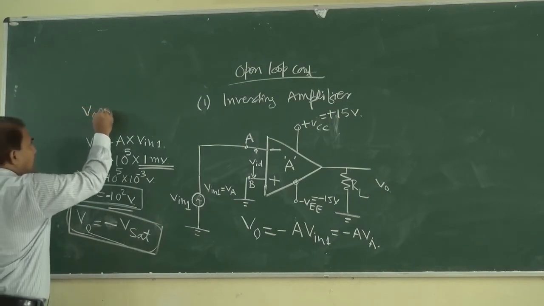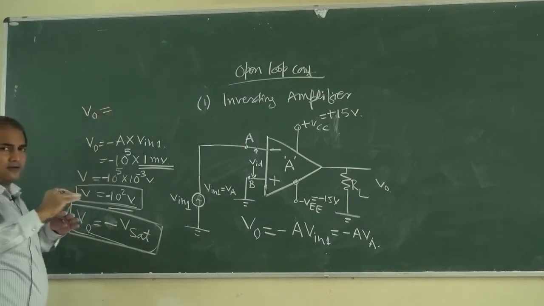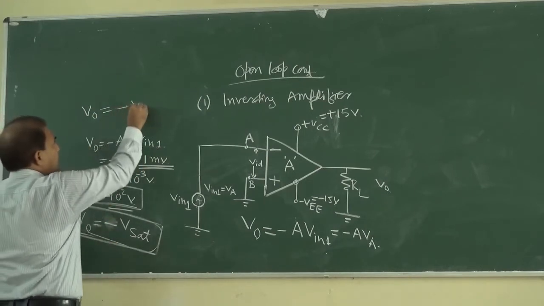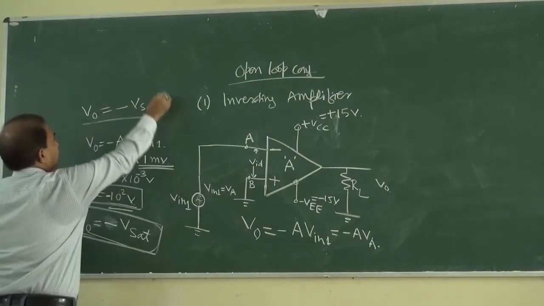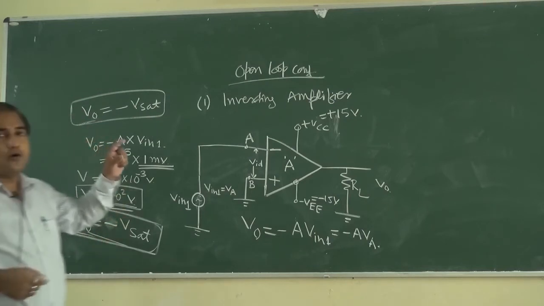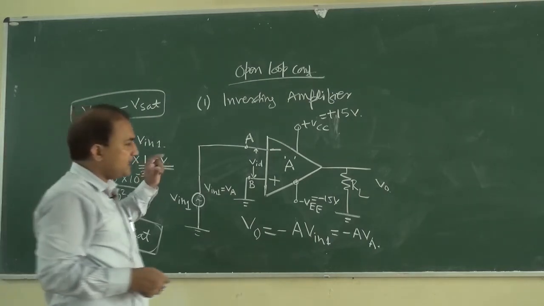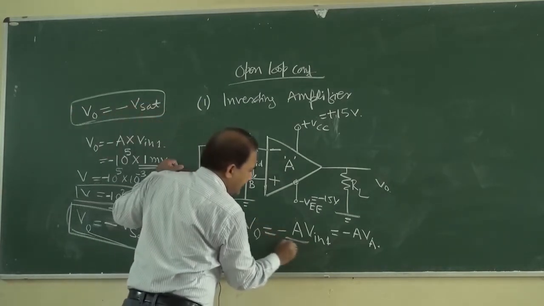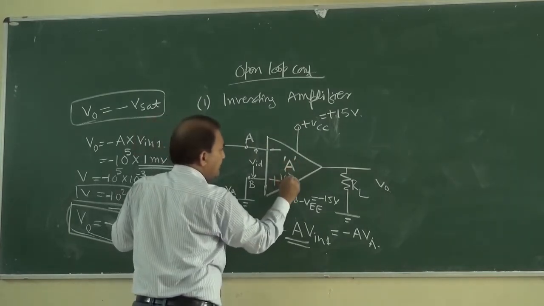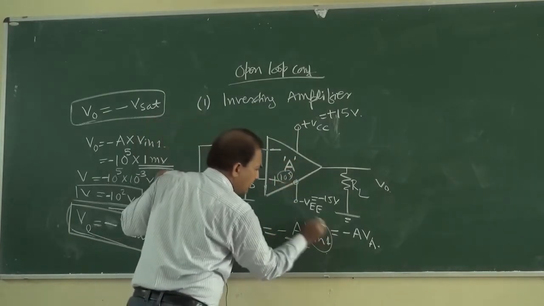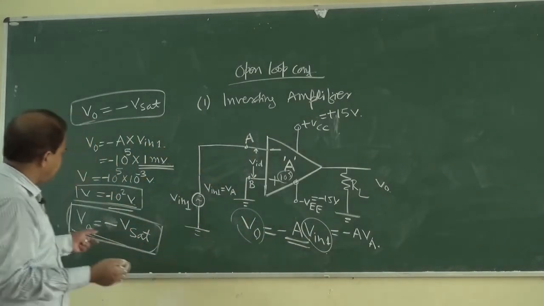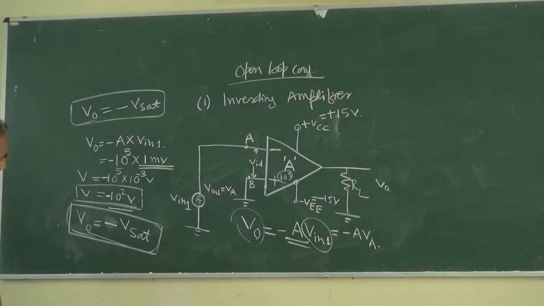So generally for a very small V in, V output will always go to minus V sat. So this is all about the inverting amplifier in open loop configuration. Because of the very high gain, in the range of 10 to the power 5, even for a small V in, V output goes into saturation mode, so it reaches minus V sat.